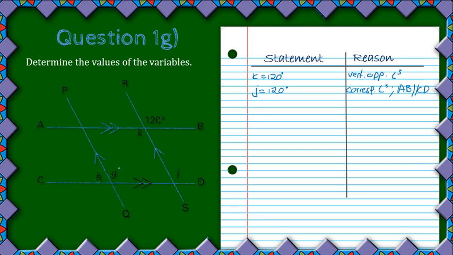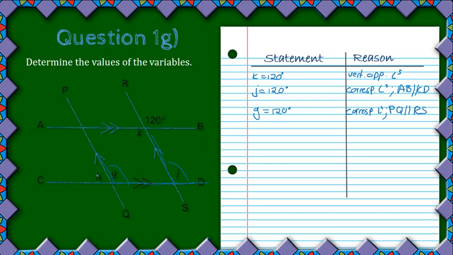And then we move on to G. Now G and J are also corresponding angles, but they are corresponding because of these lines being parallel, PQ and RS. If you see that they form an F with those two lines. Okay, so that means that G is also equal to 120 degrees. And our reason, once again, is corresponding angles, but our parallel lines are, in this case, PQ being parallel to RS.